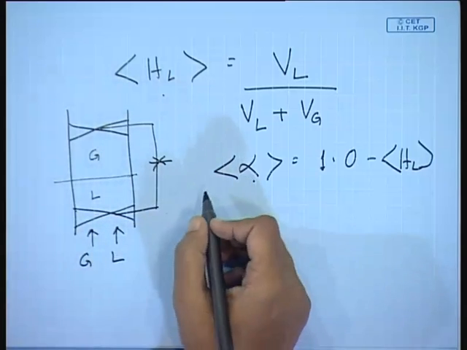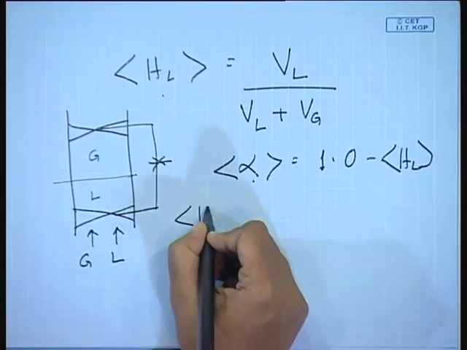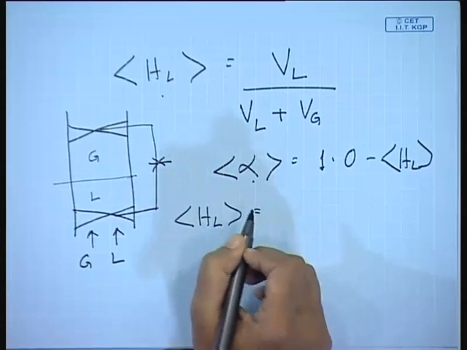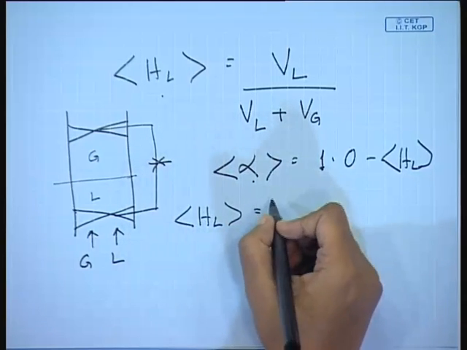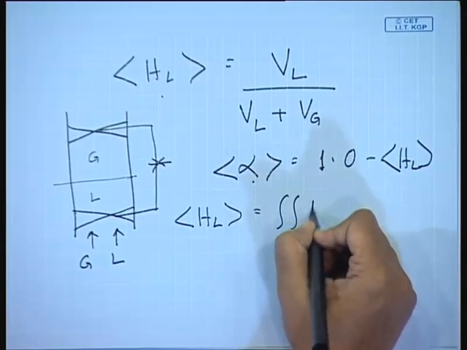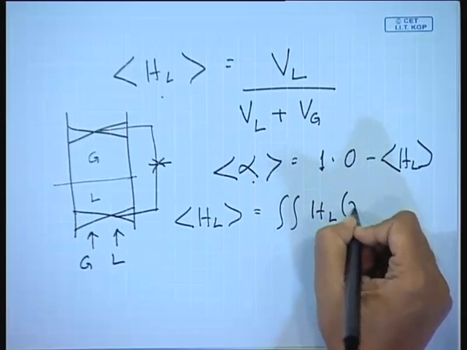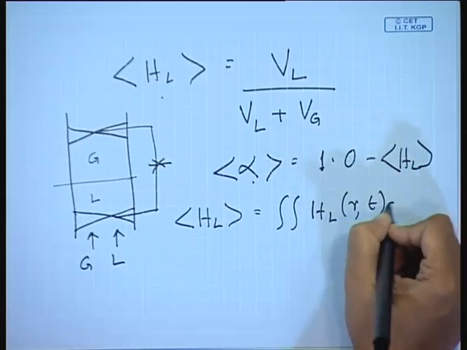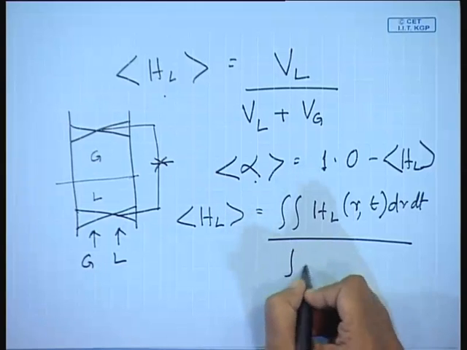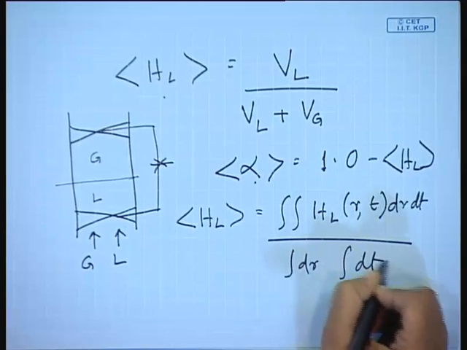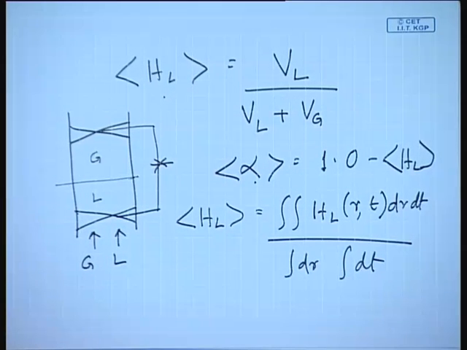When there are both temporal variations as well as variations with axial distance, HL is usually given as the integral of HL as a function of r and t, dr dt, divided by the total, which is simply the normal averaging law which you already know. For circular pipes we can use it in this particular way.